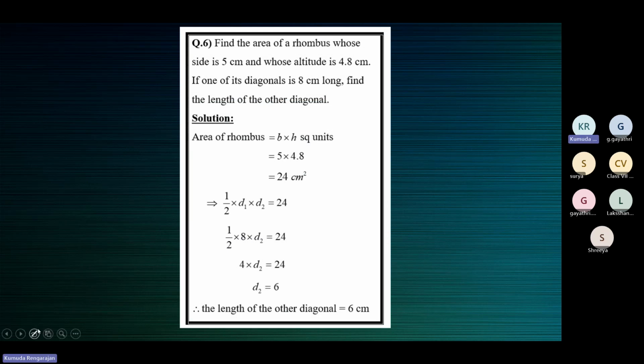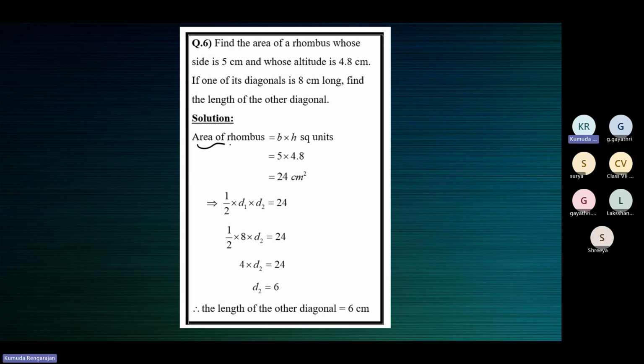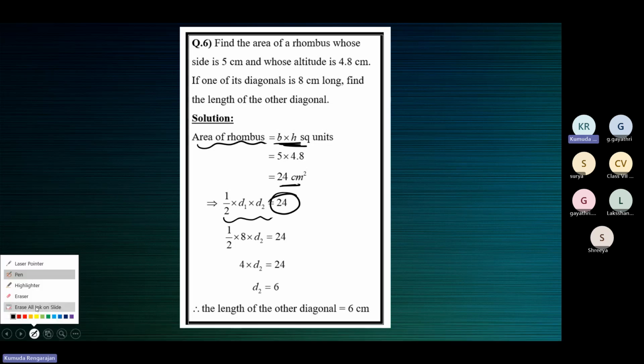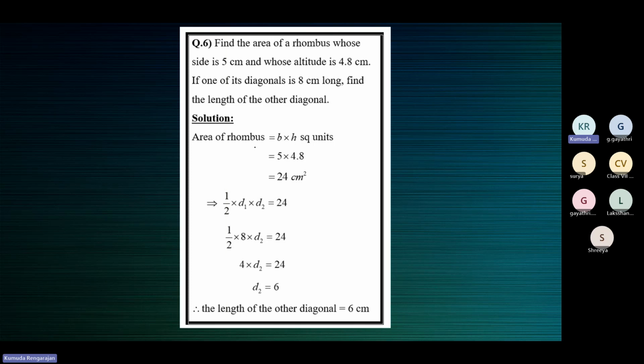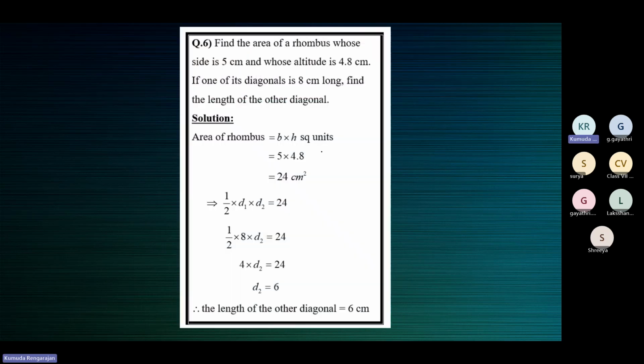Here I've presented it in a different way. The meaning is the same. Here I found the area of the rhombus using base into height first. I got 24.